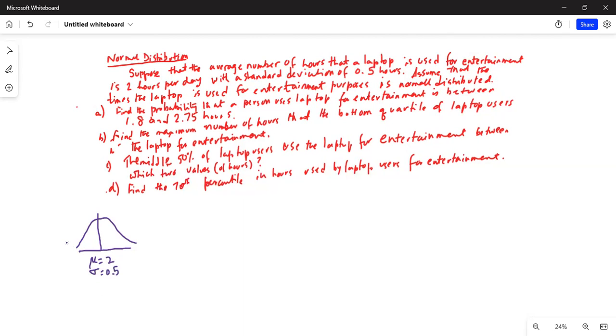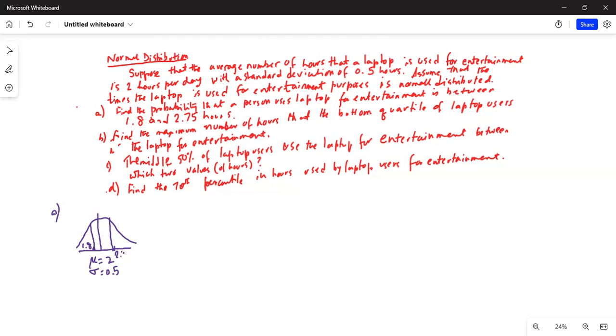Part A asks us between 1.8, so 1.8 is less than 2, it will be somewhere over here. And so we draw a vertical line. This position is 1.8 and 2.75. Okay, a little bit more on this side, so maybe over here. And we draw another vertical line.